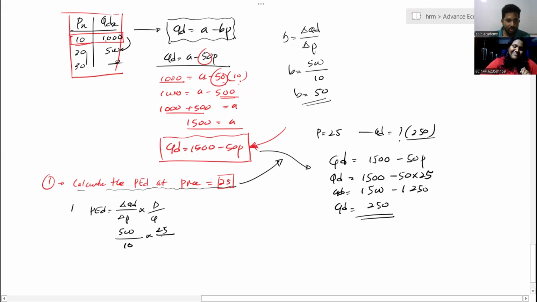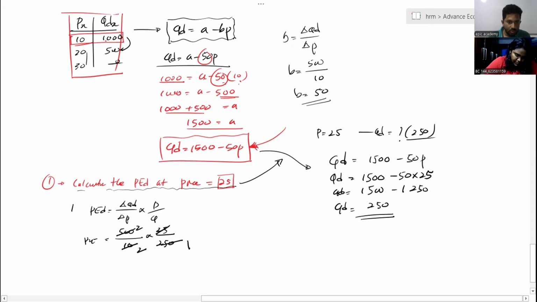At the price equal to 25, quantity demanded is just 250. So this is the calculation. 2 by 1, this also can be cancelled by 5.